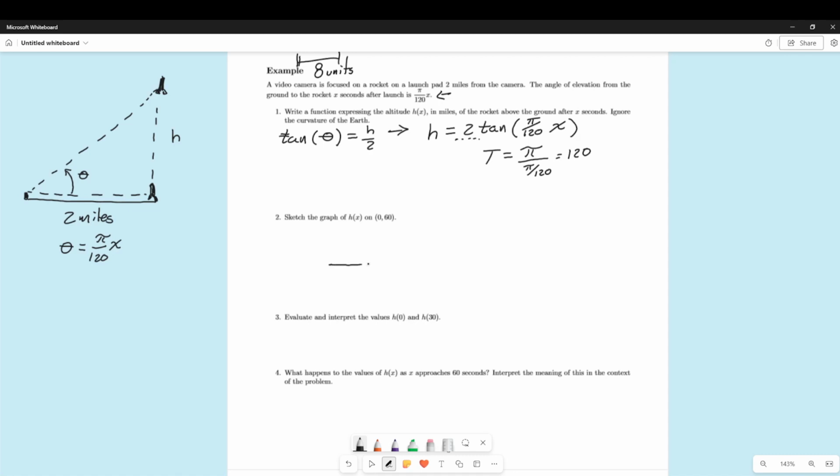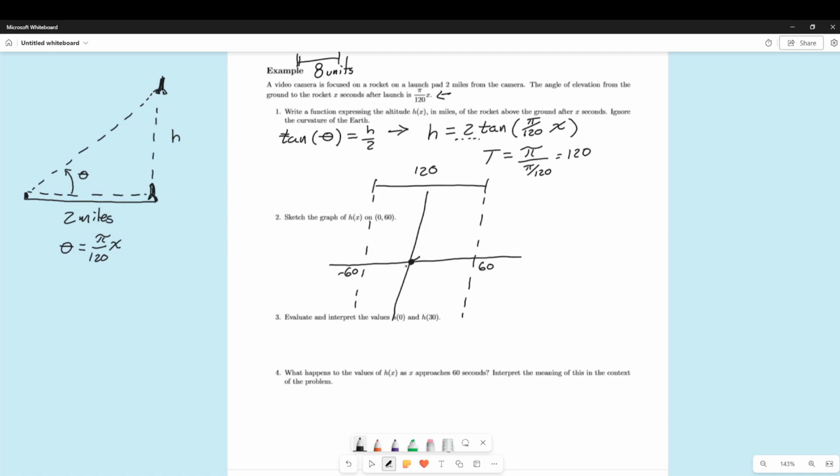So if we were going to graph this, our period of 120 would be split on either side of our starting point. So our asymptotes are going to be at 60 and negative 60, though we were only asked to graph from 0 to 60, so we really only care about this part over here.